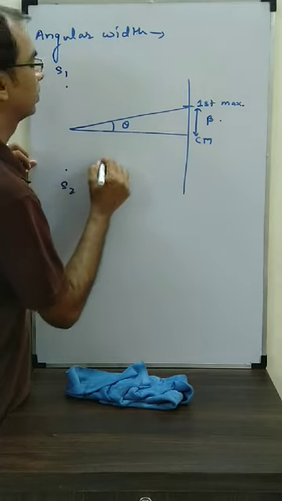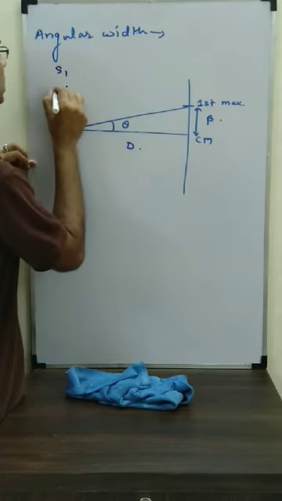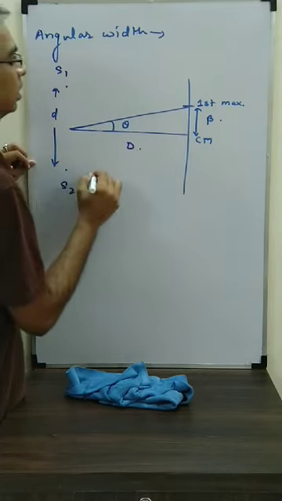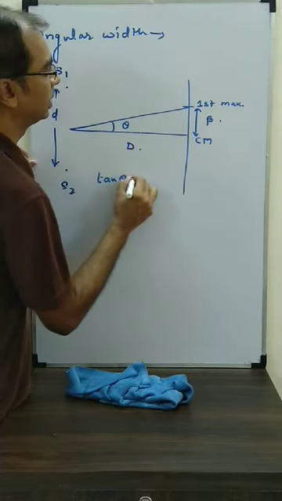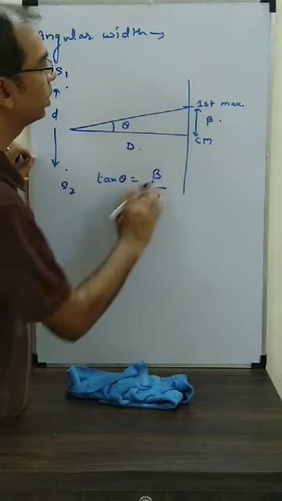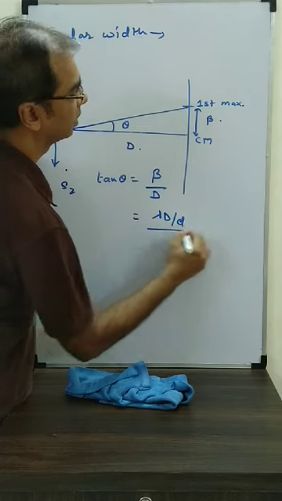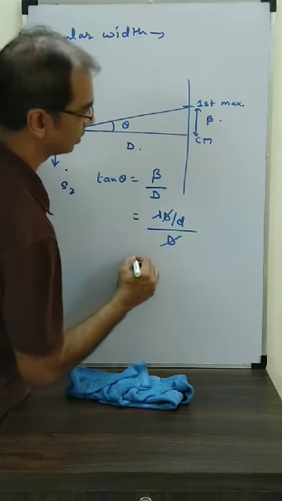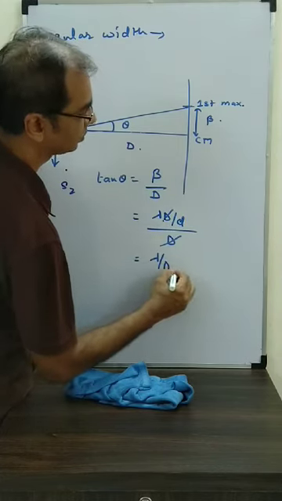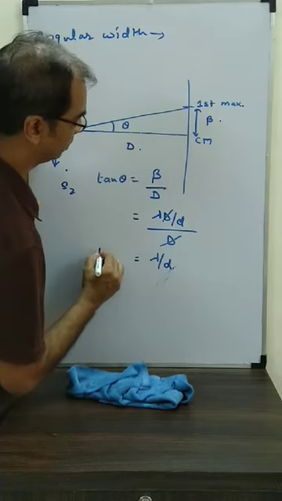So we can say in this triangle, if I take this as D and this as usual small d, then tan theta we can write as beta by D. Now what is beta? We know that beta is lambda D by d. This D gets cancelled. So what is angular width? Lambda by small d.